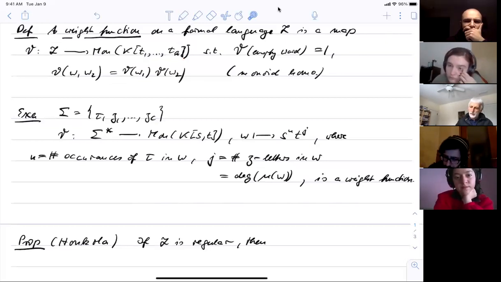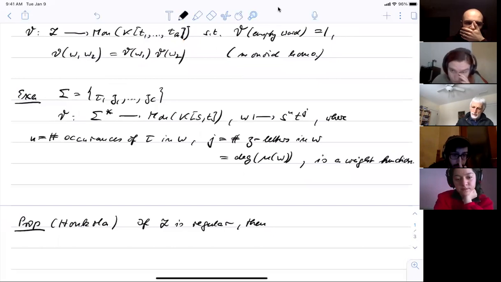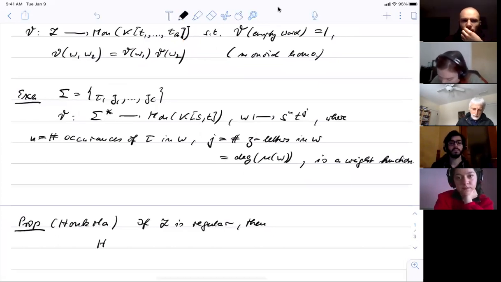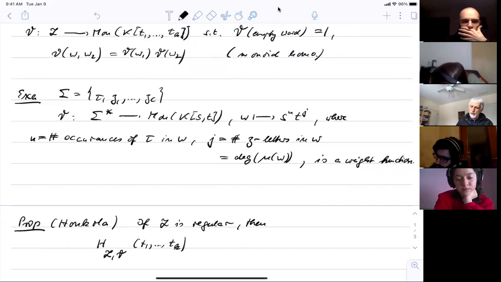k variables. And so let's consider, and this one should be looked at, a formal power series in T1 up to Tk.